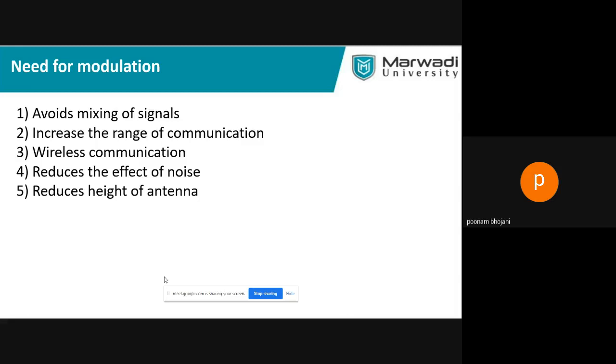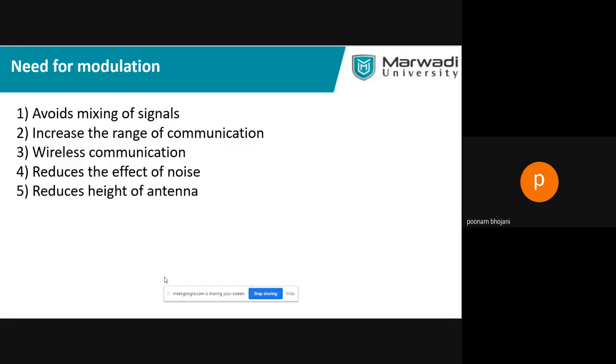Third is wireless communication. Generally, the frequency spectrum in the air is divided into different frequency ranges, and all those ranges are used for different applications. Wired media, like optical fiber or copper wire, use a very low frequency range.